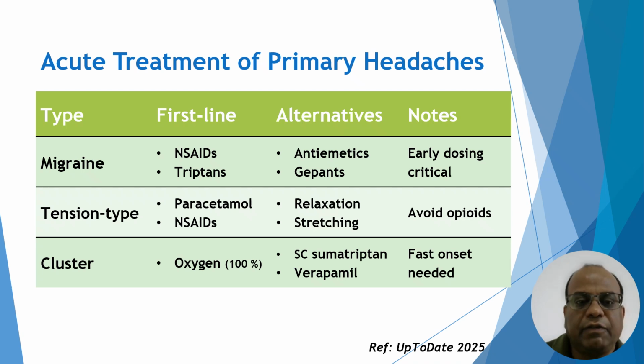Triptans are a class of prescription medications used to treat acute migraine attacks by activating serotonin receptors to constrict blood vessels and block pain signals.